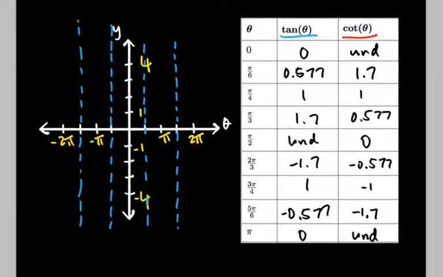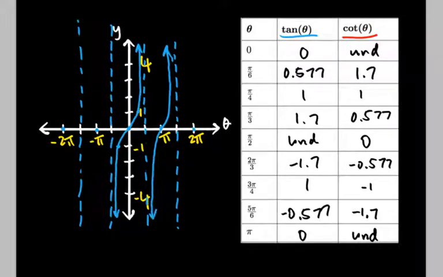Alright, so at 0 it's 0, at pi it's 0, at negative pi it's 0, at 2 pi it's 0, at negative 2 pi it's 0, all the whole pi's are 0. And then we'll get this thing going on. And this is going to go on like this forever and ever.